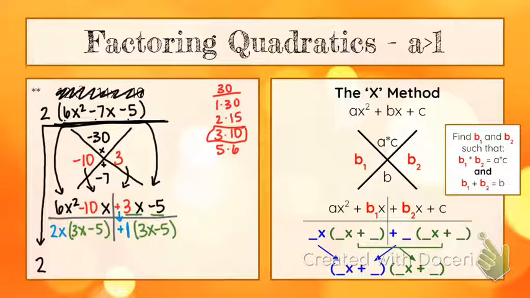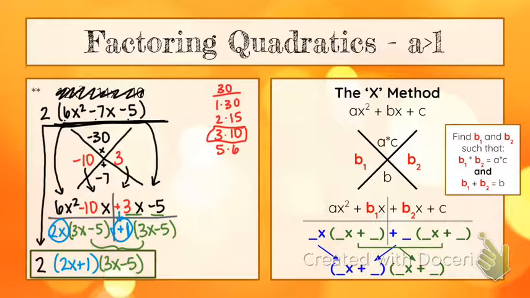And now 3x minus 5 is one of our terms. And then our blue greatest common factors, 2x plus 1, becomes our other factor. So if we didn't have this 1 here, we wouldn't have that value right there. And that is important. That's part of our answer.